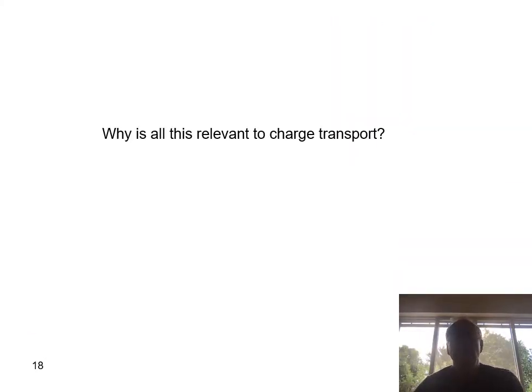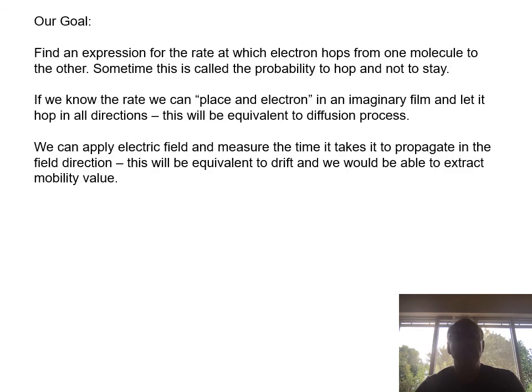So we've talked so far, but we started the lecture with rolling a ball over the bed, which was some kind of indication that we are going to discuss transport. So how does all the above relate to charge transport? Because really our goal is to find an expression.